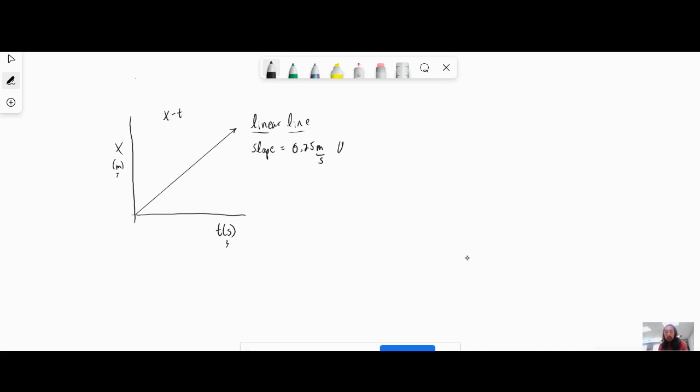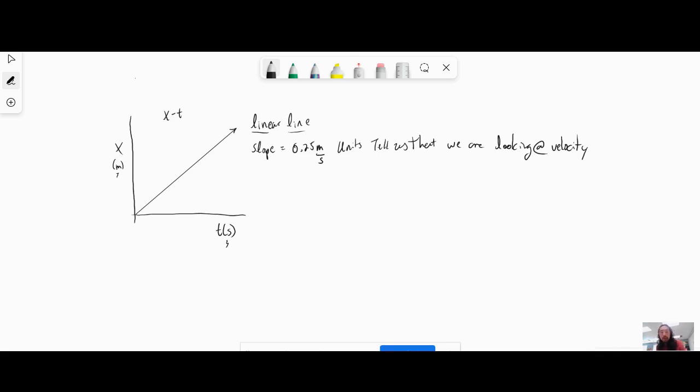This is because our units, believe it or not, tell us that we are looking at velocity. So the units give us a little bit of insight, a few clues as to what our representation is showing.